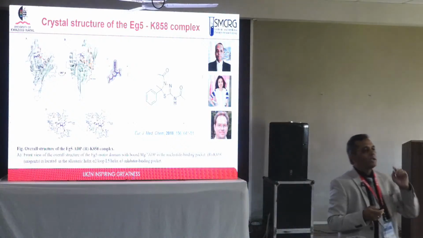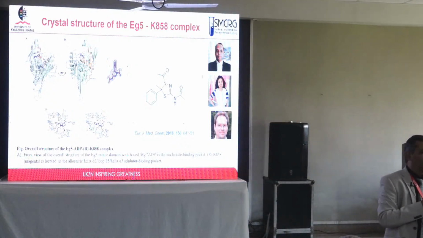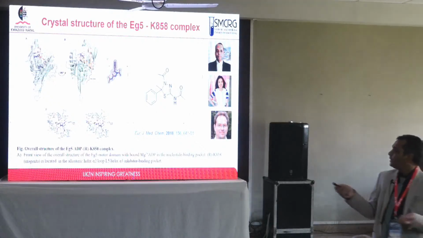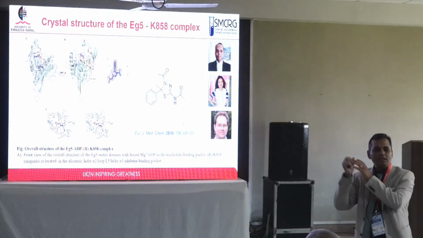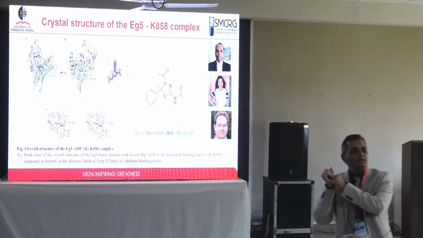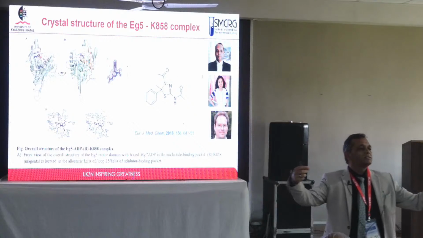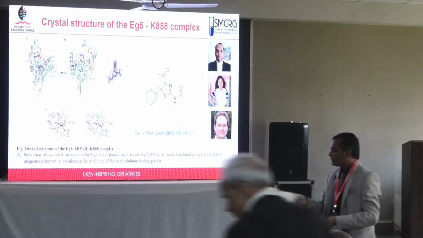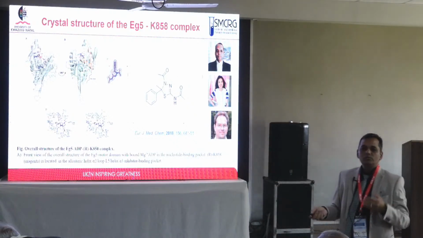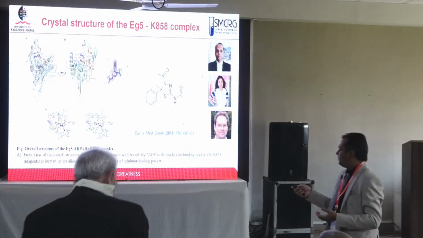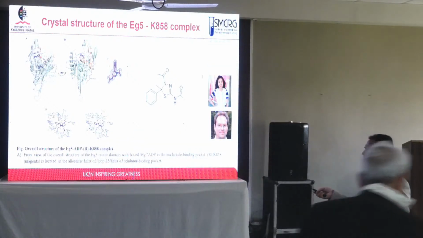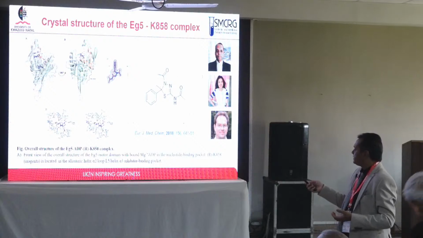In that, there is one KSP, a microtubule enzyme, the EG5 enzyme, which basically tags along and carries the chromosomes along the tubule; it segregates and aligns the chromosomes. So our proposal was to inhibit that enzyme. At this stage we synthesized analogs of K858.